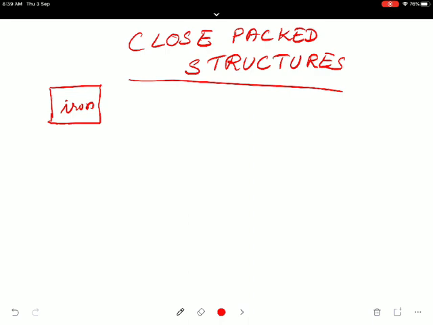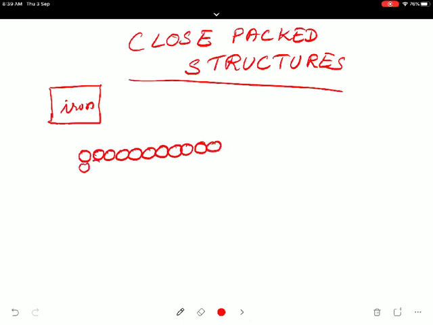How are these atoms packed? Is it in this way, like one atom touching the other atom? Anyway, one atom cannot go into the other atom.